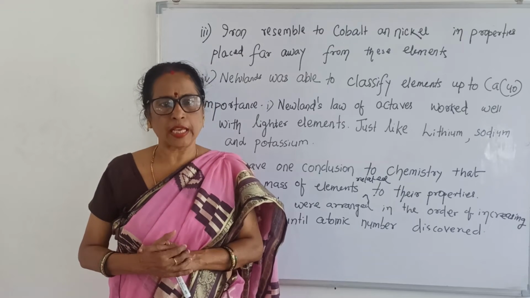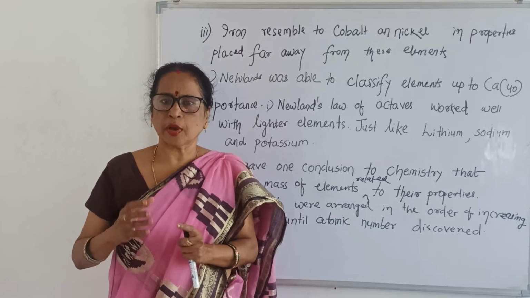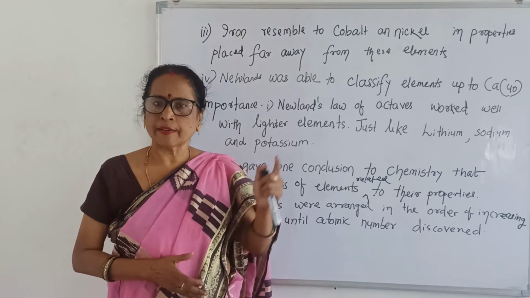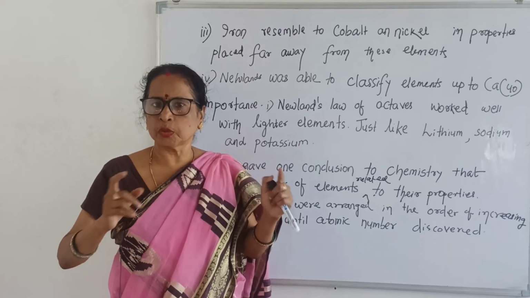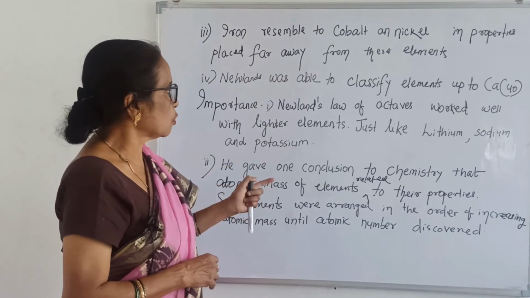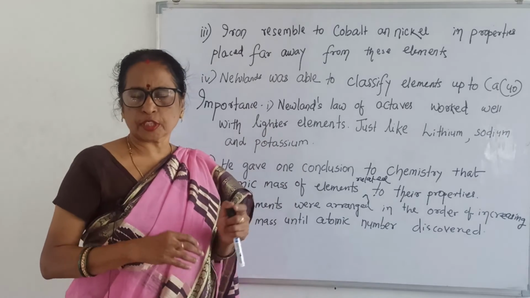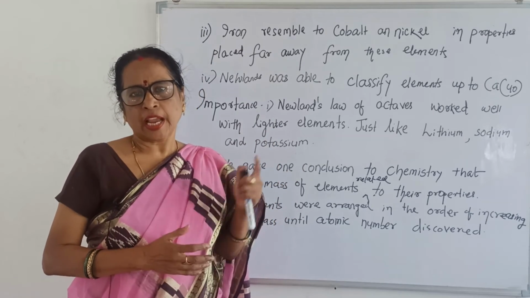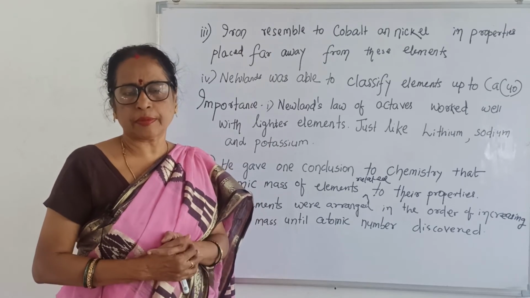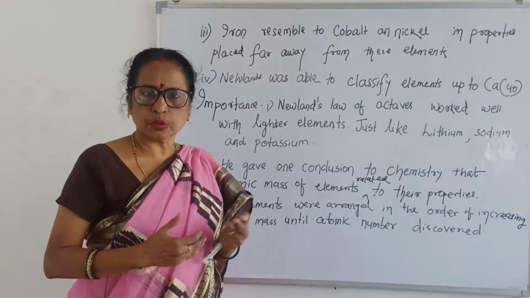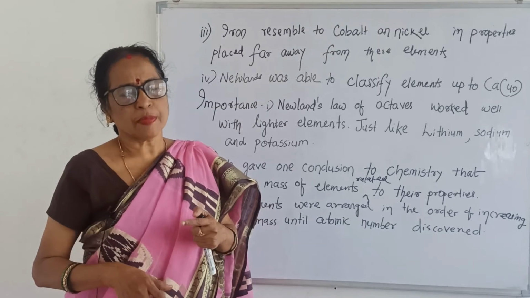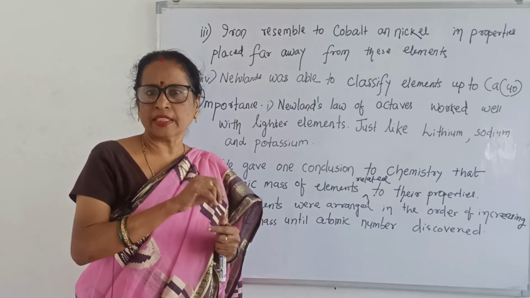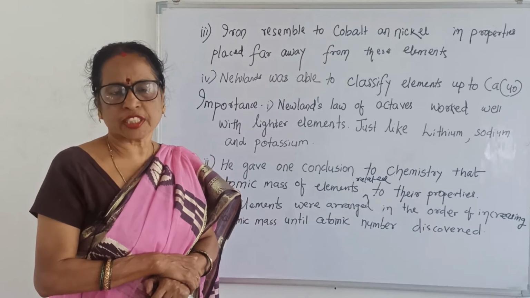Newland's law of octaves: octave means 8 notes. In music you always find that the first note is similar to the eighth one. So here also he arranged the discovered elements according to the law of octaves. Some elements, though discovered, did not match, yet they were put in the same slot, the same note.